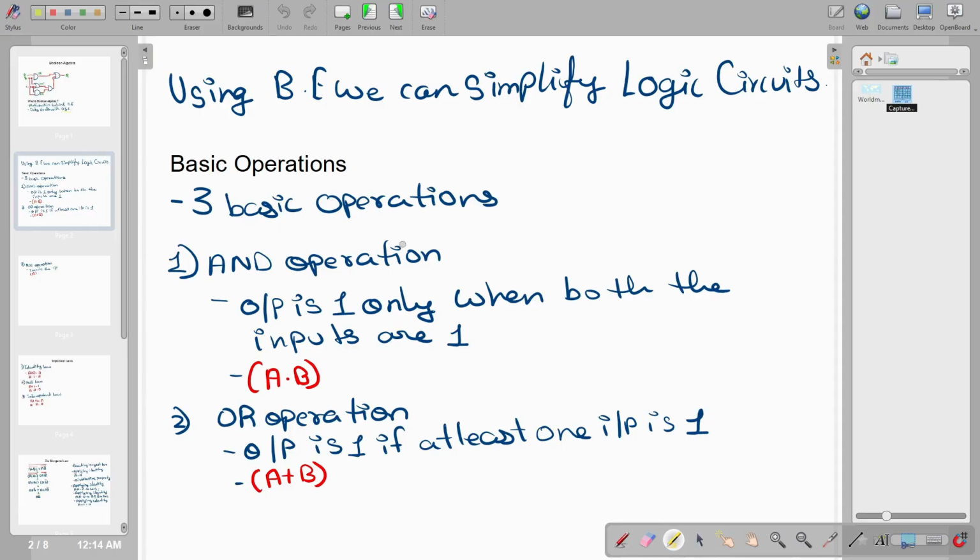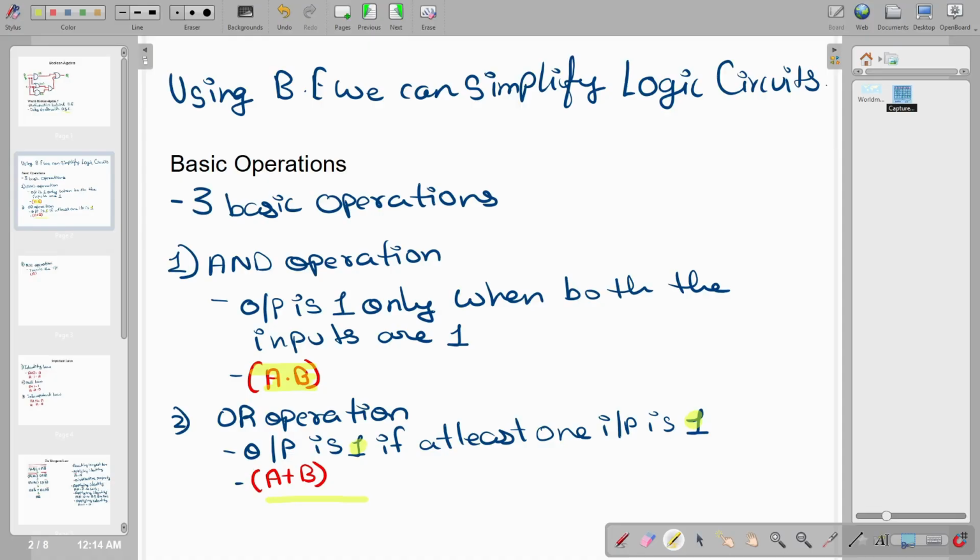In the AND operation, the output is 1 only when both the inputs are 1, which we write as AB. In the OR operation, the output is 1 if at least one input is 1.